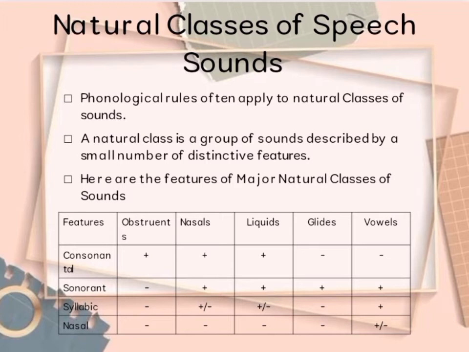Next, a natural class is a group of sounds described by a small number of distinctive features. So, a natural class is a set of sounds that have certain phonetic features in common. For a group of sounds to constitute a natural class, they must all share one or more features and there should be no other sounds in the language that have this feature or combination of features.